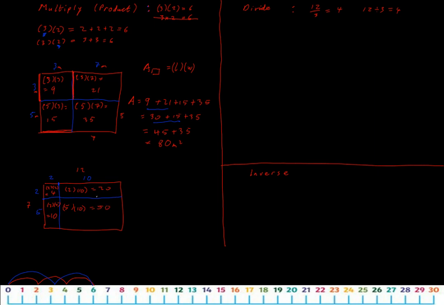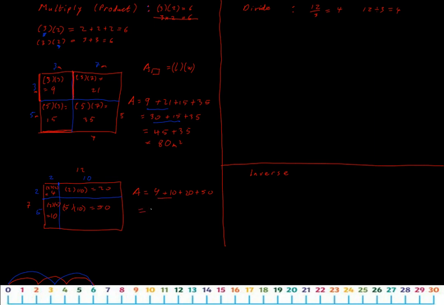Now if I know the area of each one of these little pieces of my rectangle, I can add up all of them. 4 plus 10 plus 20 plus 50.